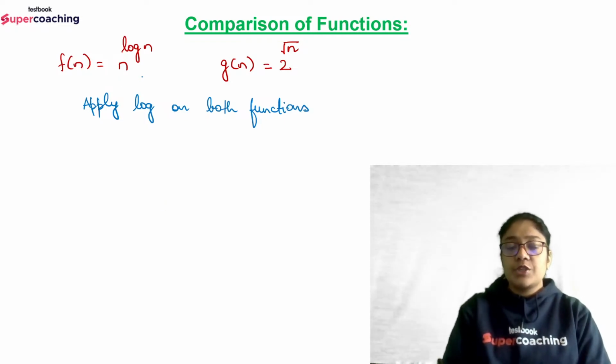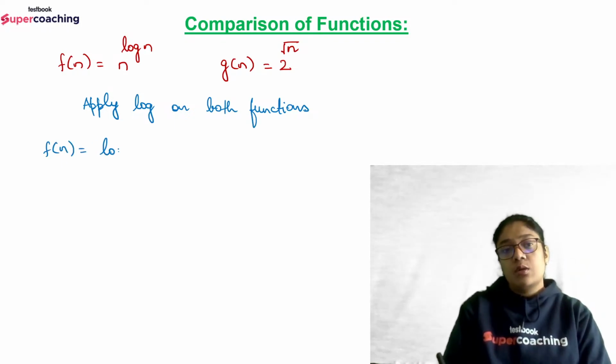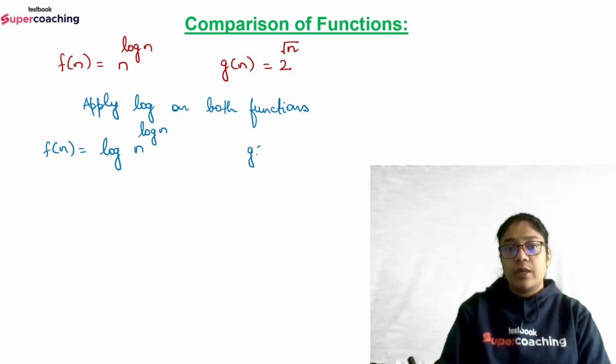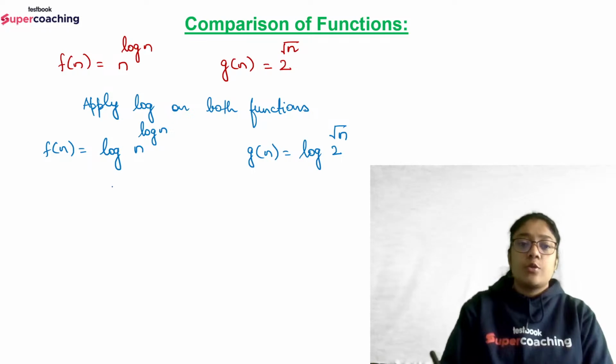So here, let's take f of n. This is log n raised to power log n, and here we'll get g of n is equal to log 2 raised to power root n. Now simplify this.